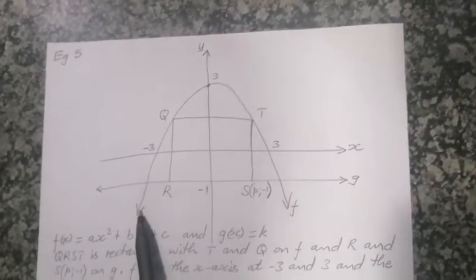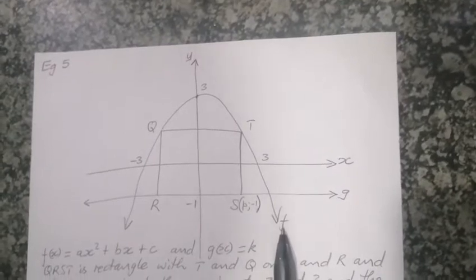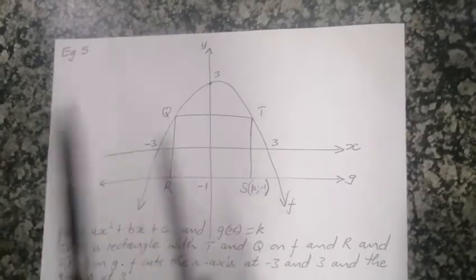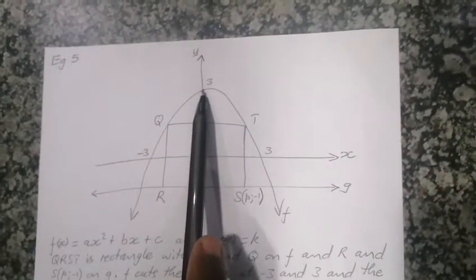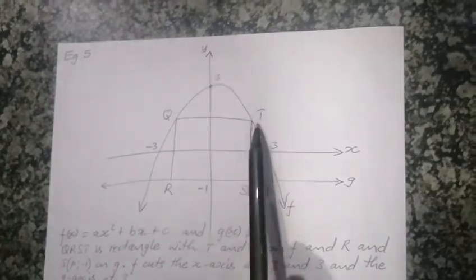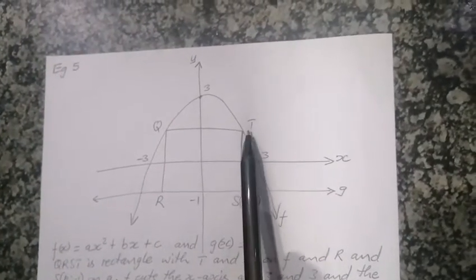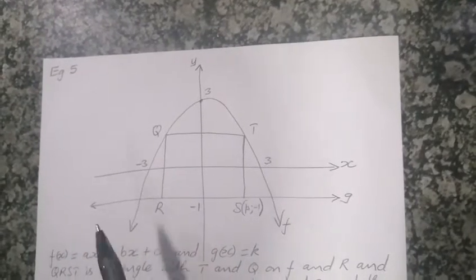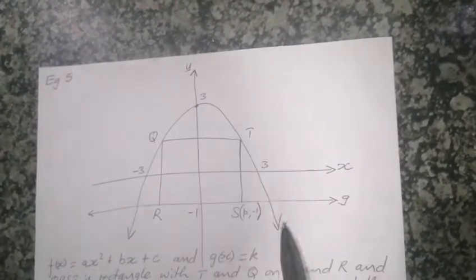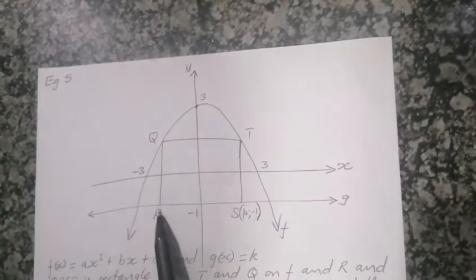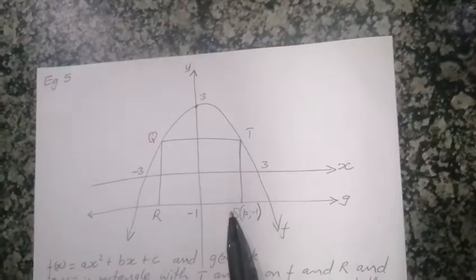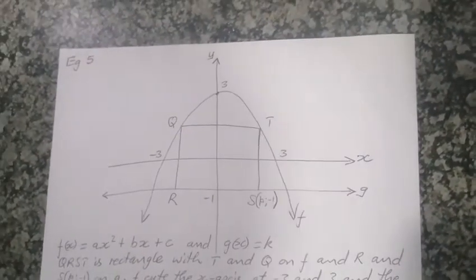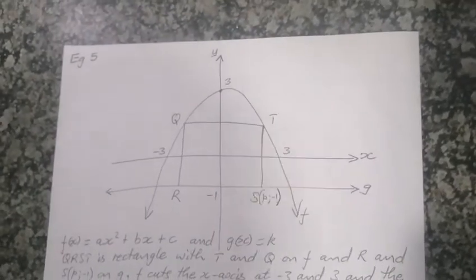The graph is quadratic and we call it F, and this graph is passing through point Q, and its turning point is at point (0, 3) and also passing through the point T. And that is our graph of F. And inside this graph we have Q, R, S, T, in the order they appear in the alphabet.